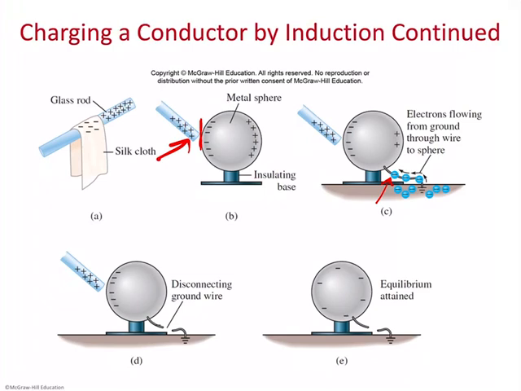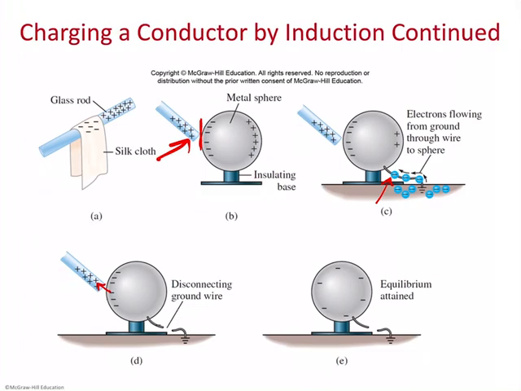And it's becoming pretty negative. When you disconnect that ground, it's sort of the opposite of the first picture, where we had all the positives because the negatives were going into the glass rod.